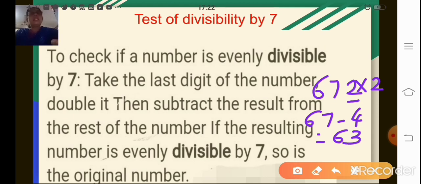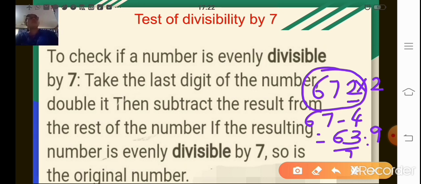Now, 63, when you divide it by 7, it will give you the answer as 9. Correct? That means when 63 is divisible by 7, this number 672 is also divisible by 7.